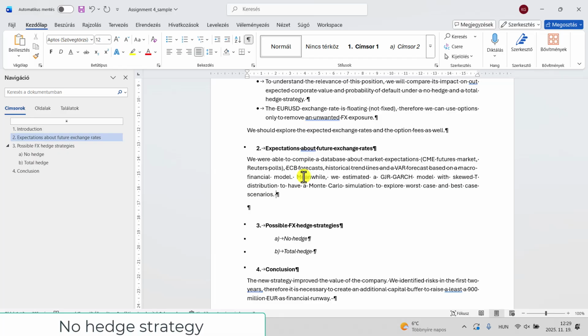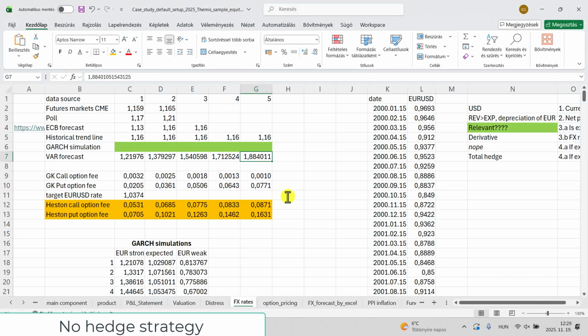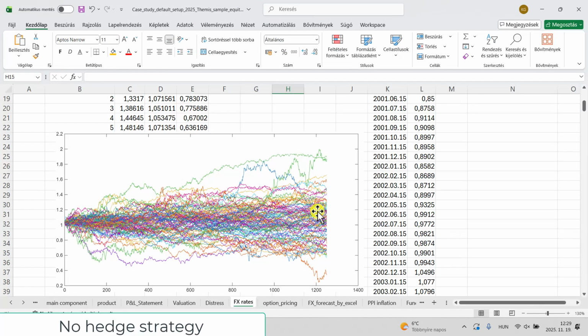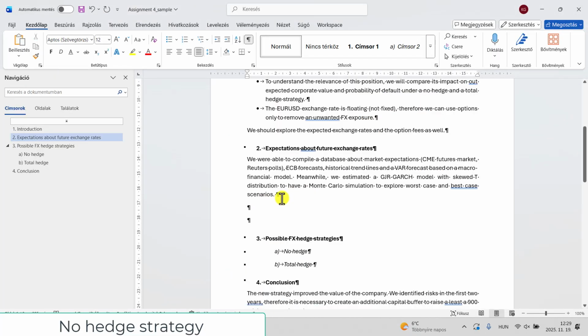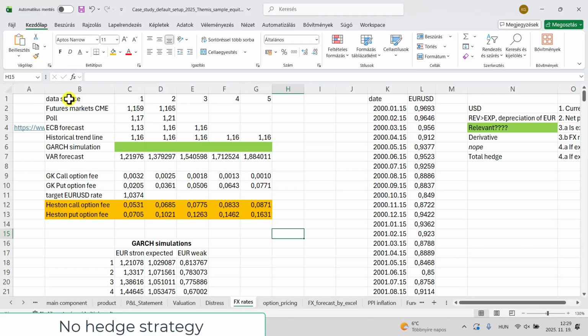So even GARCH simulations can say sometimes that, okay, Monte Carlo has its limits. So if politician stupidity and creativity meets with each other, then obviously they can explore even crazier states, but still we can see that, yeah, these are the possibilities.